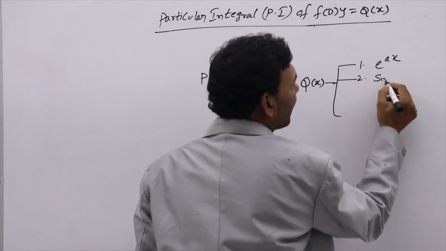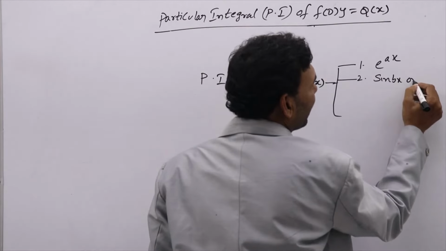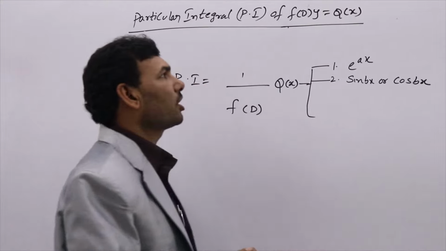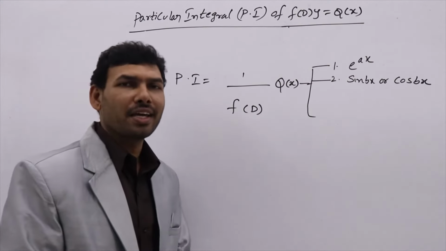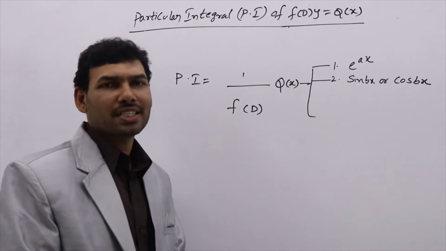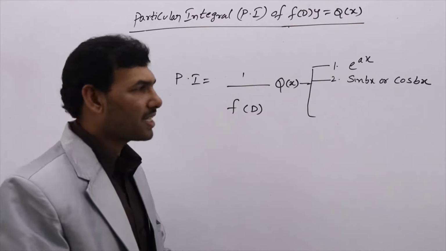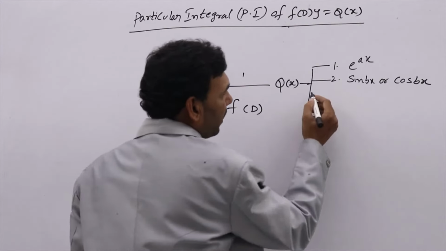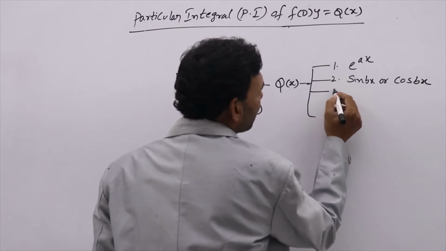If you have sin bx or cos bx in the RHS, that means sin 2x, cos 2x, sin 3x, cos x, then we apply that type of rule.